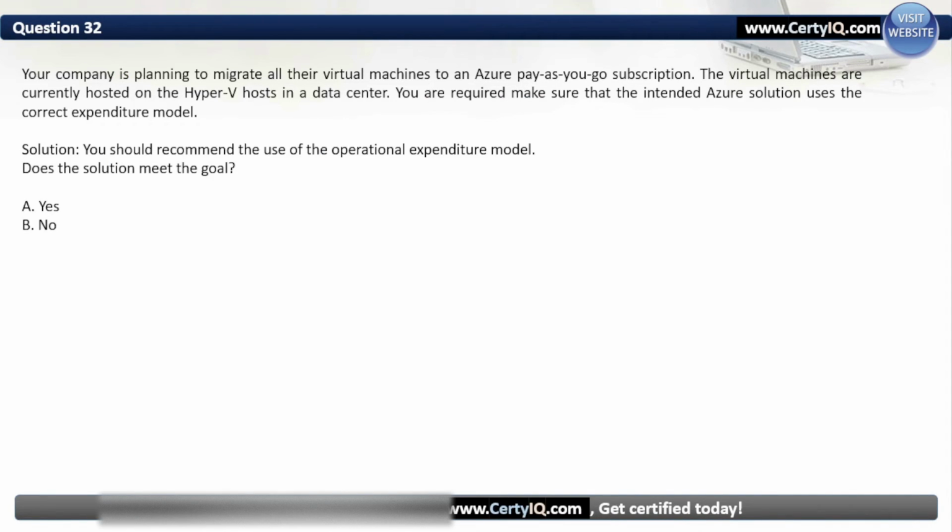Question 32. Your company is planning to migrate all their virtual machines to an Azure pay-as-you-go subscription. The virtual machines are currently hosted on the Hyper-V hosts in a data center. You are required to make sure that the intended Azure solution uses the correct expenditure model.